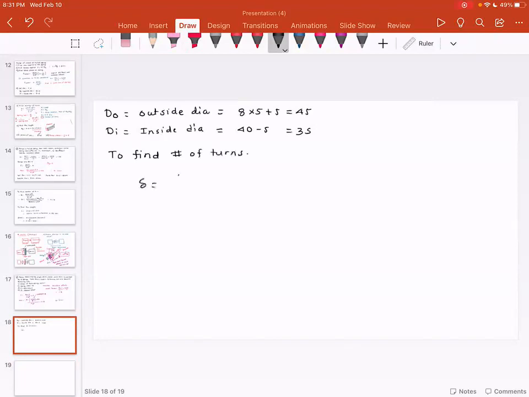To find the number of turns, delta is equal to 64 W R cube N divided by G D raised to 4. Delta is 25, 64, W is 2400 divided by 8, times R cubed, N. So please note D is equal to C times small d.